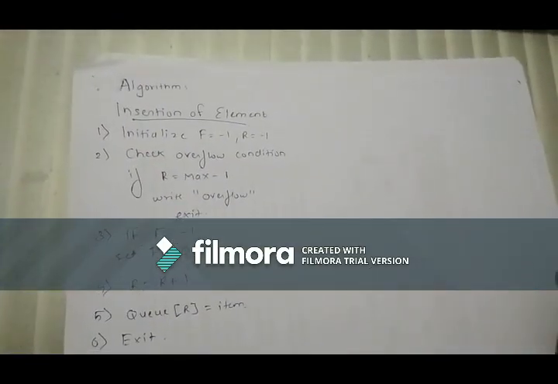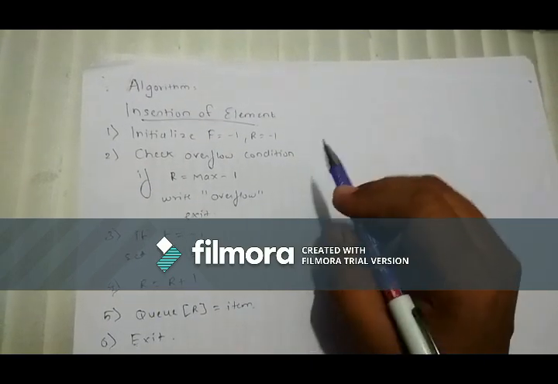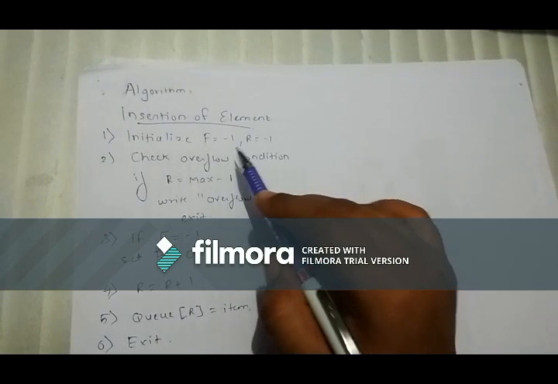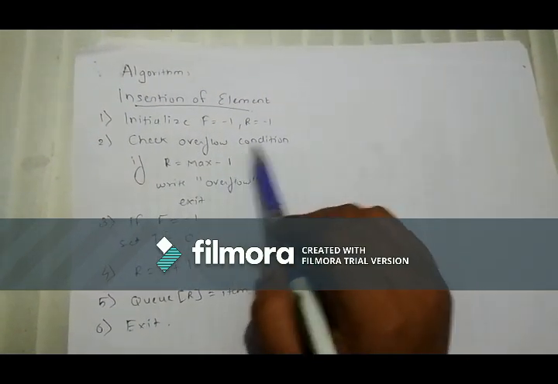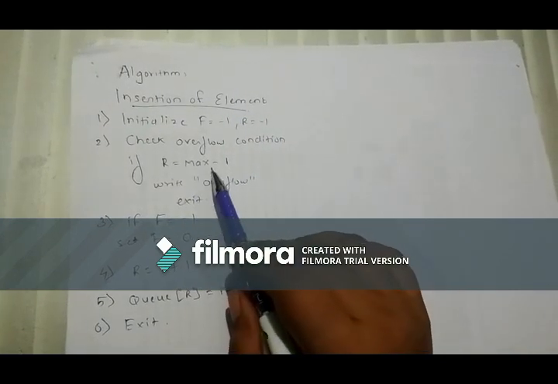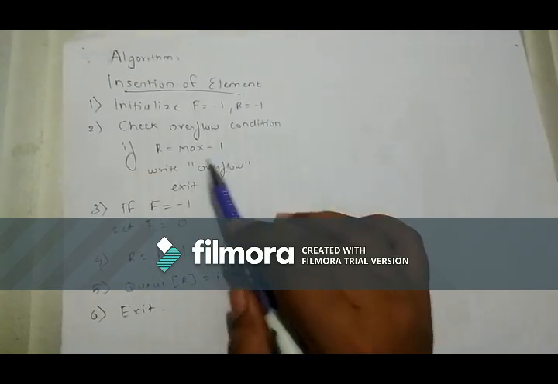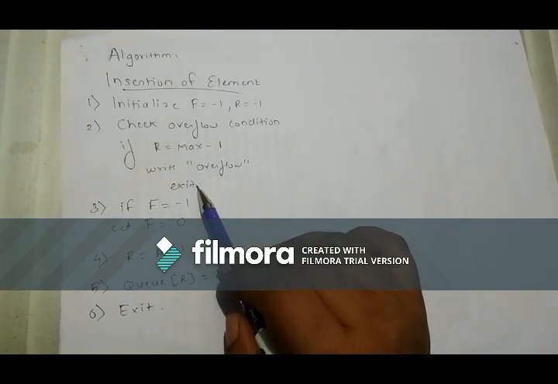Now we will see the algorithm of insertion of an element in a queue. First, we will initialize front and rear with -1. Next, we will check the overflow condition. If r is equal to max minus 1, where max is the size of the queue, then we write overflow and exit.